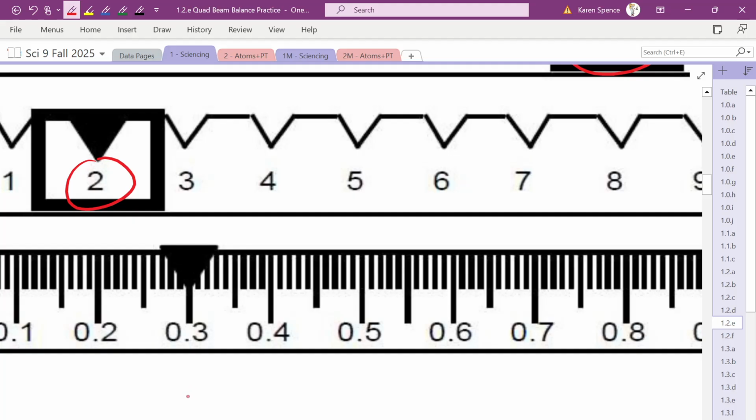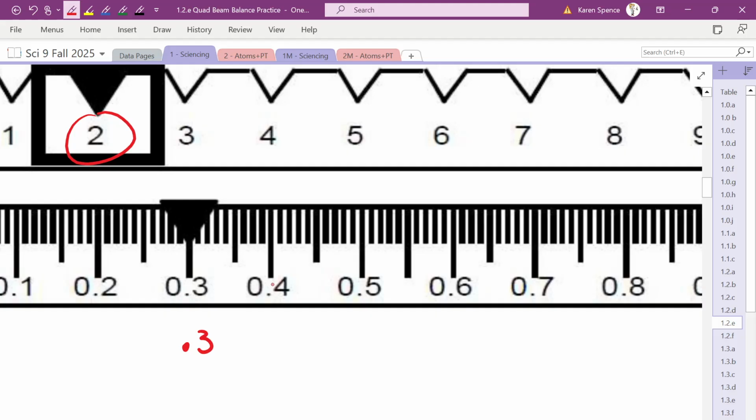Why is it not just 0.3? Are we unsure about that 0.3? No. What is each little line worth? Each little line is worth 0.01.